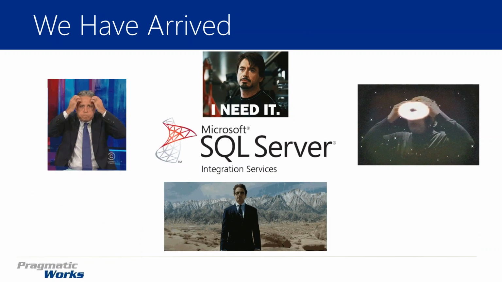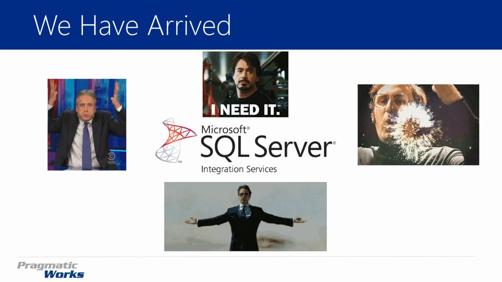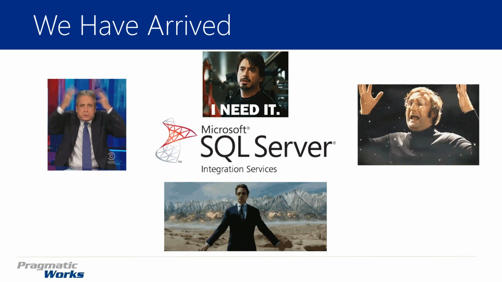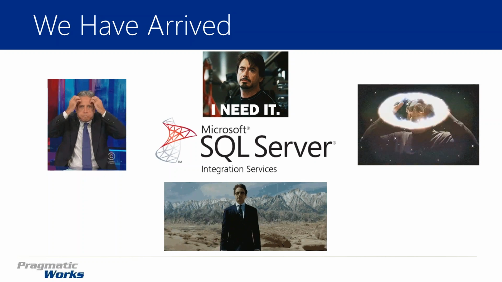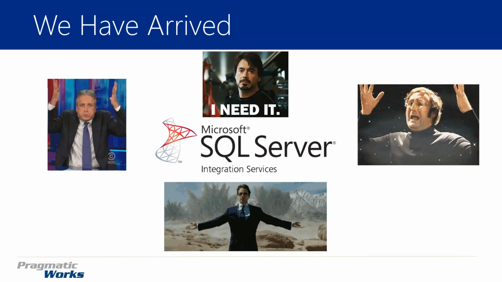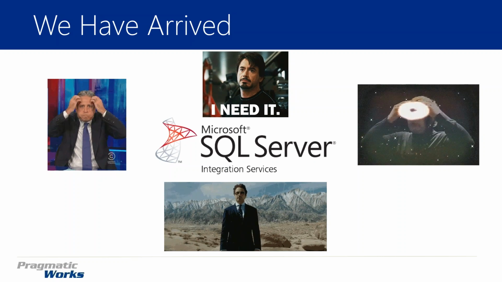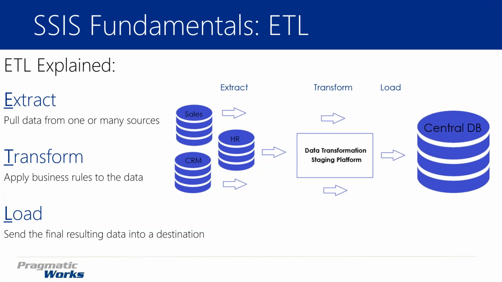Our data was saved, our minds were blown, and we were finally prepared to become the amazing DBAs and developers we always knew we were. We were prepared to take our data into the future and to empower all aspects of business, technology, marketing, and more with powerful analytical tools that could harness the raw power of information. So, prepare to hit the on button in your education as we move into the fundamentals of SSIS.